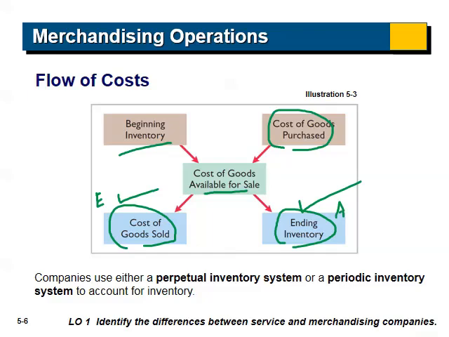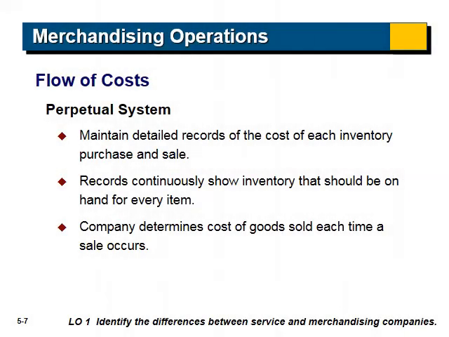Companies use what's called either a perpetual inventory system or a periodic system, and we'll talk about that. That's how you keep track of inventory. Under a perpetual system, this is a method of keeping track of your inventory.